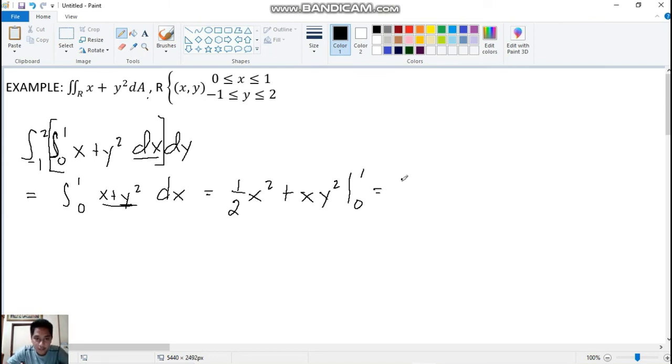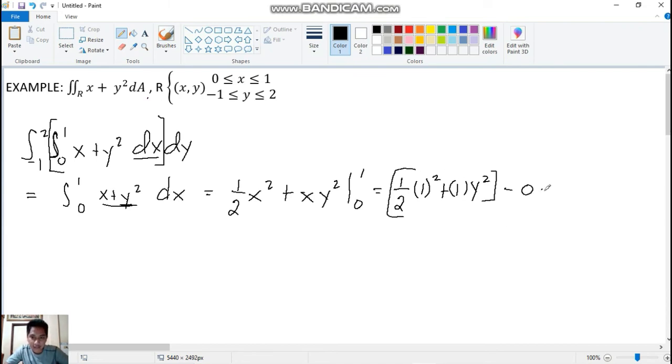After that, we substitute. It becomes 1/2 times 1 squared plus 1 times y squared, minus what you get if you substitute 0 in this equation. The answer is 0.